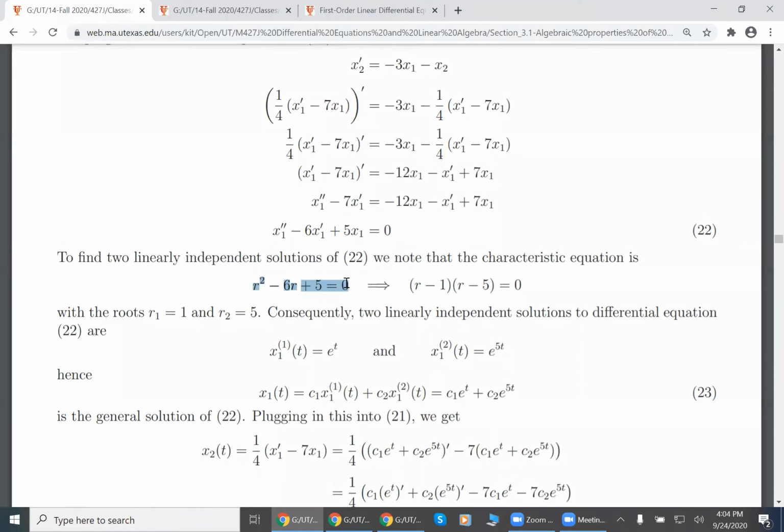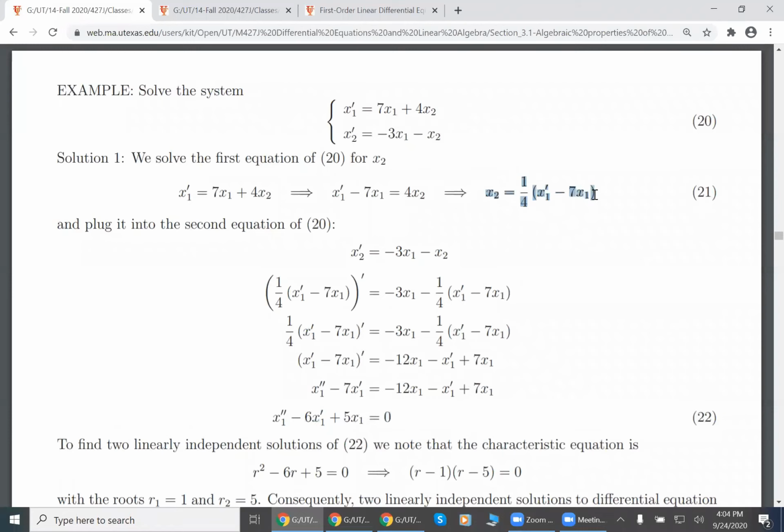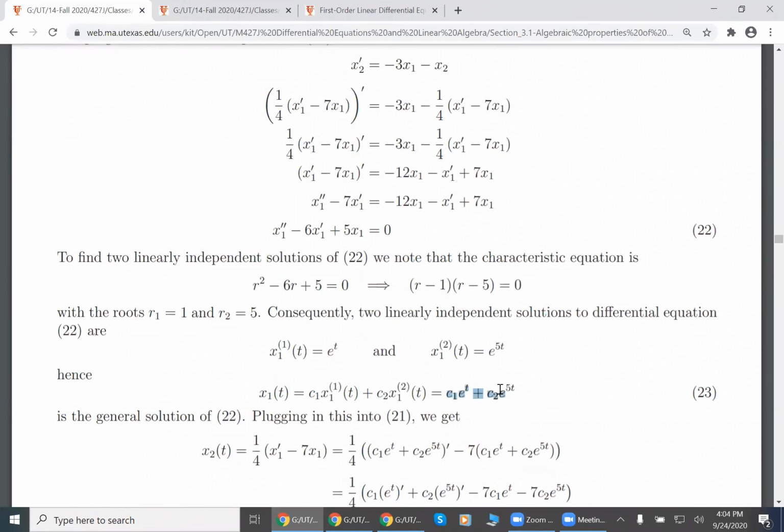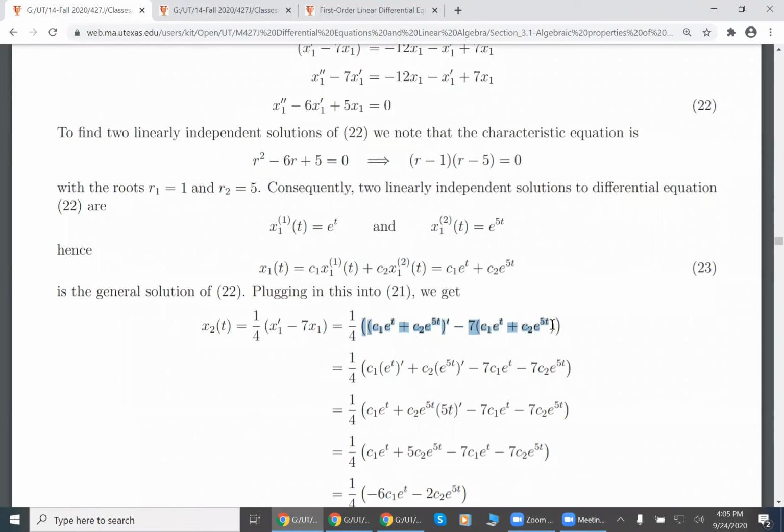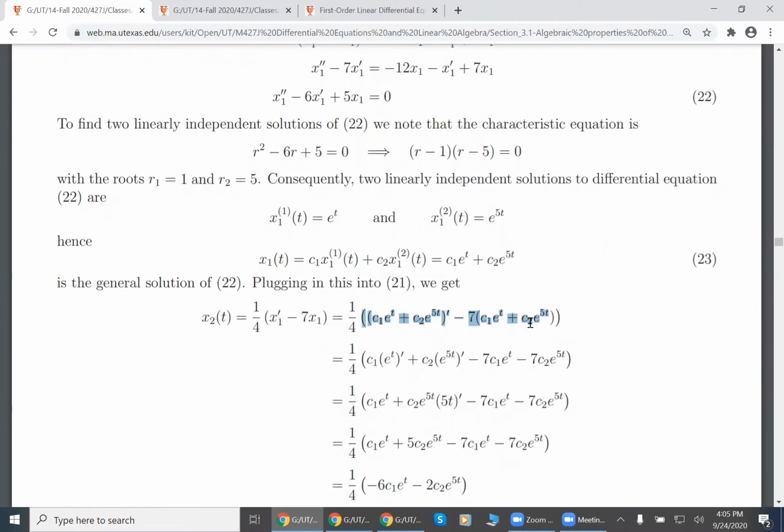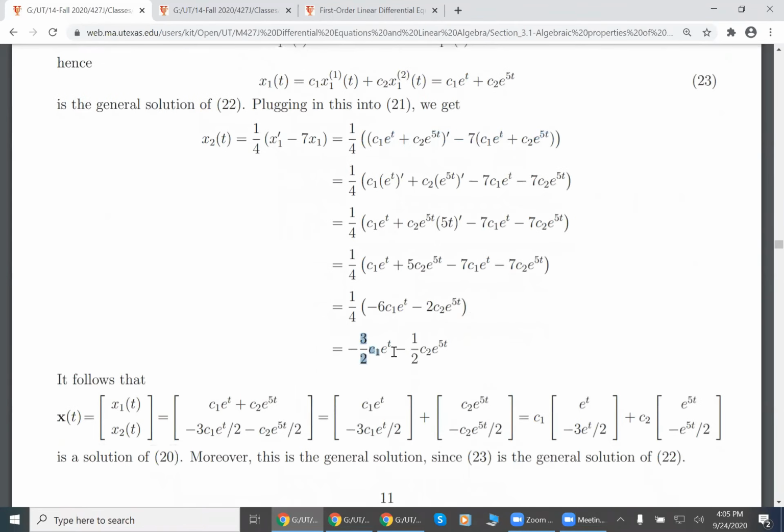This is the corresponding characteristic equation. We find roots. Here is the general solution of this equation. Then we use this formula in order to find x2. We replace x1 here and here by this. Done. We take the derivative, we simplify. Here is x2, and this is the final answer.